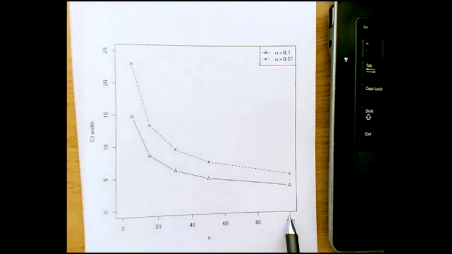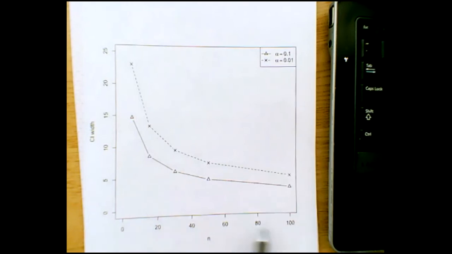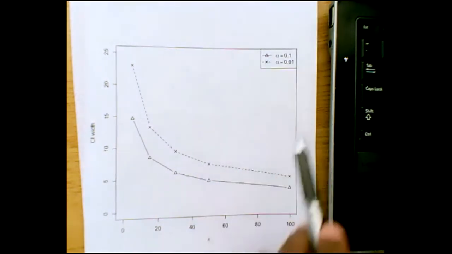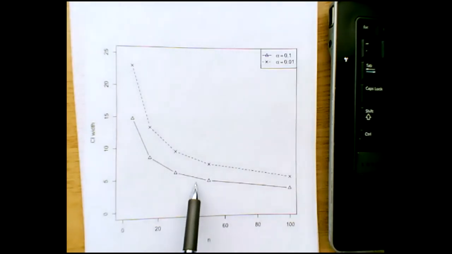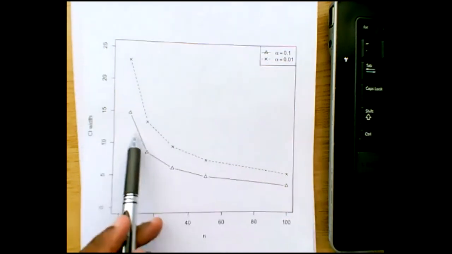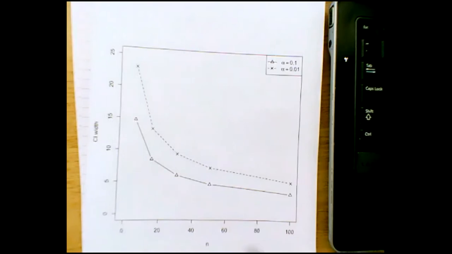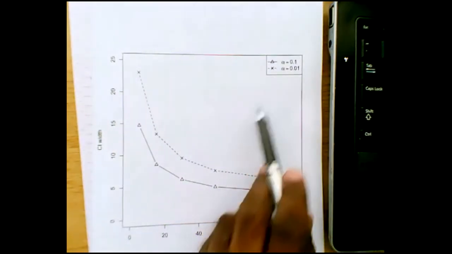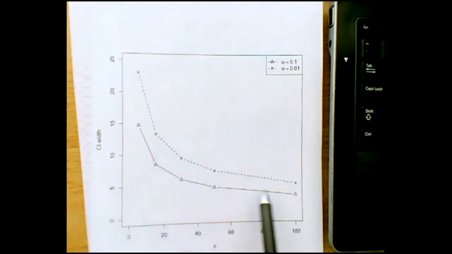As you can see, as n increases, the width decreases. And as you go from alpha equal to 0.1 to alpha equal to 0.01, the width increases.